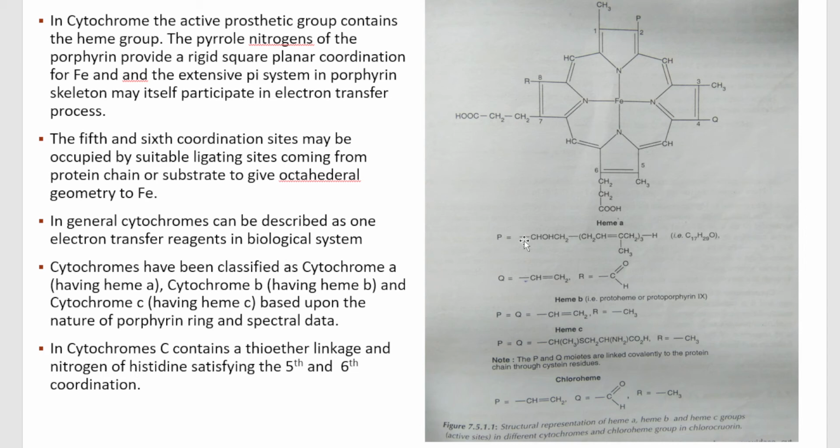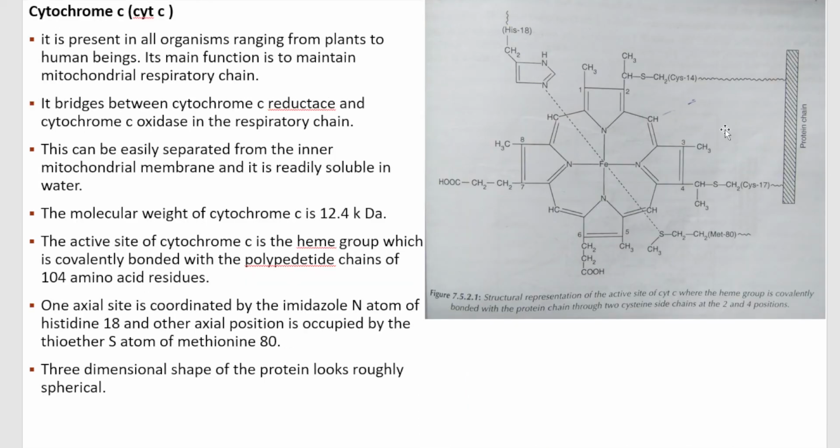If it is cytochrome C, one more important feature is that the fifth and sixth coordination is satisfied by a thioether linkage and the nitrogen of the histidine. They satisfy the fifth and sixth coordination. We are going to study cytochrome C extensively.